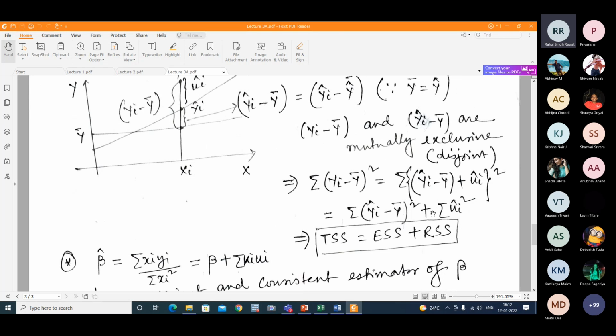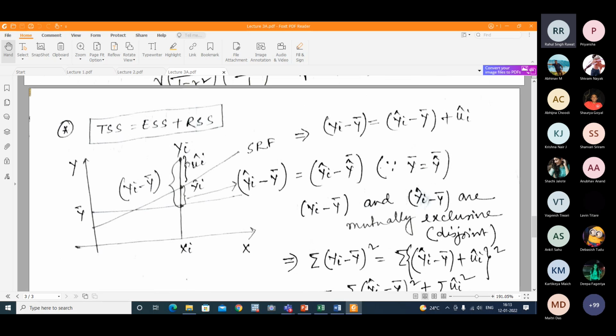And this total variation has two components: the part of the variation which is explained by the model, by this sample regression function, and the part of the variation that remains uncaptured. Here I have done it with respect to a particular observation xi.